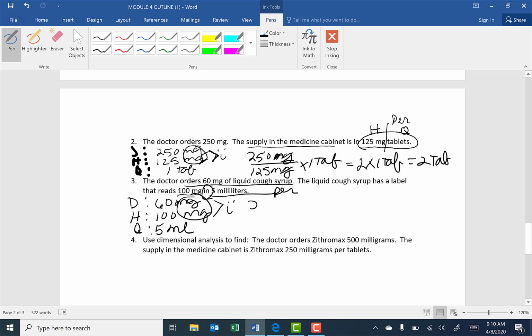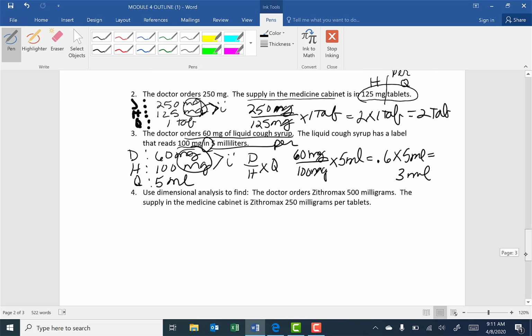So we do D always over H times Q. That is the dosage formula. We have 60 milligrams over H, which is 100 milligrams, times 5 milliliters. Milligrams cancel and you get 0.6 times 5 milliliters, which equals 3 milliliters. Your dosage would be 3 milliliters.